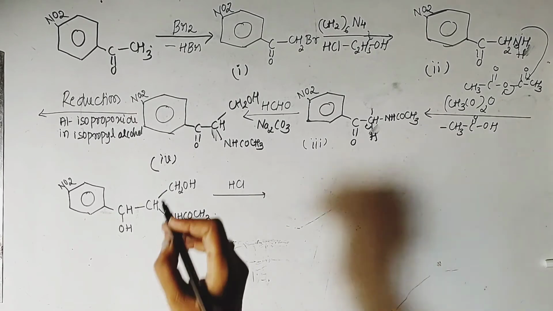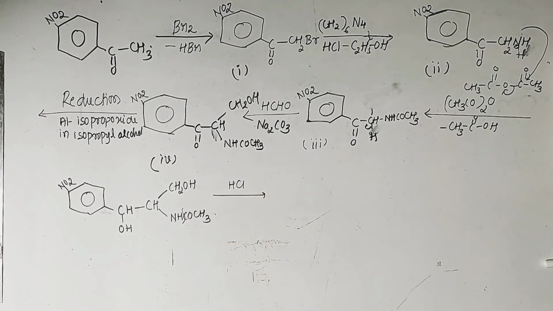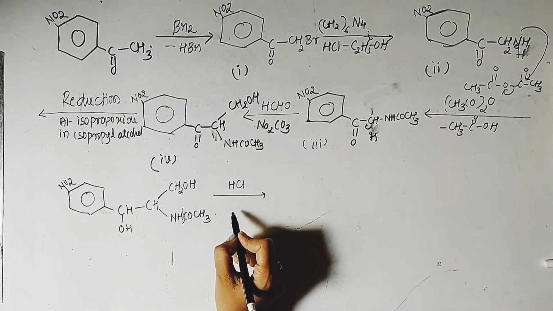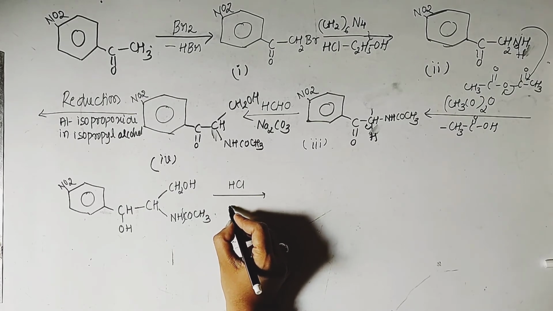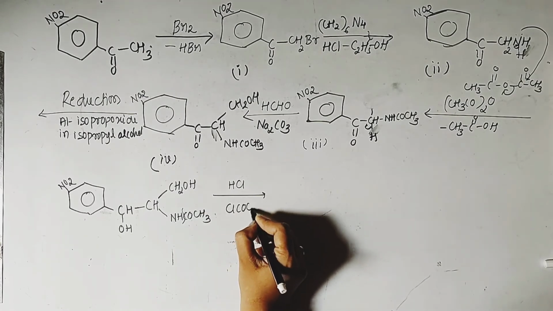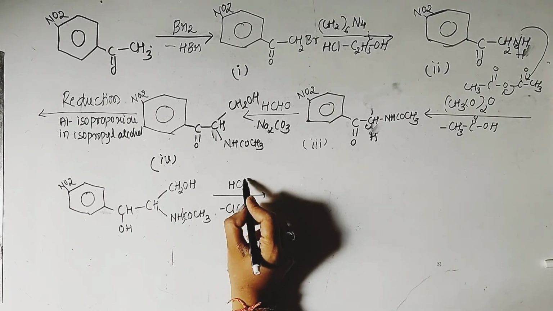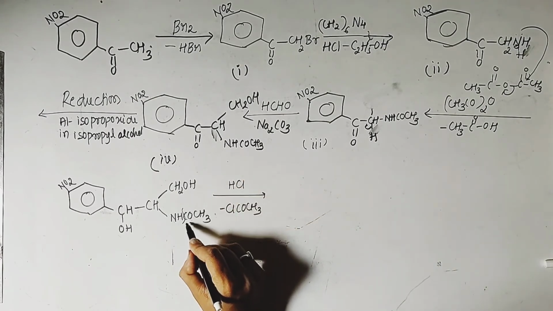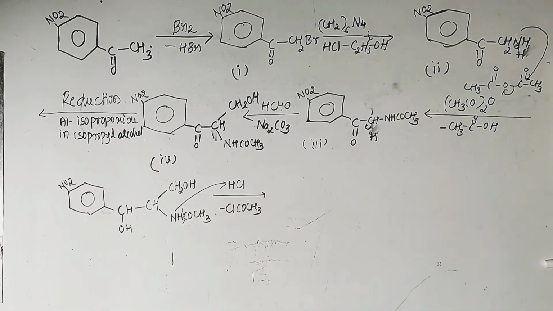During hydrolysis the bond between this nitrogen and carbon breaks and it will lead to the elimination of the acid chloride, that is ClCOCH3. So here the Cl will attach to this carbonyl carbon and the nitrogen will attach to this hydrogen.